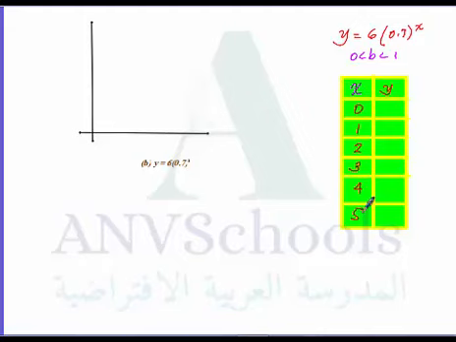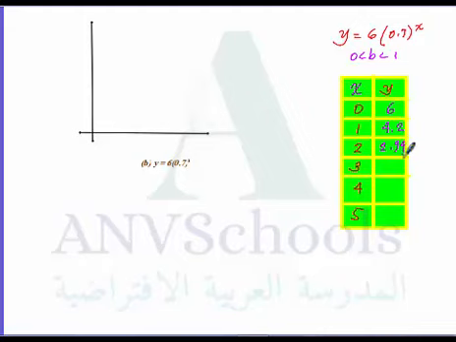If our x is equal to 0, then just replace x with 0, so we will have 6 here. If x is equal to 1, that's just 6 times 0.7, which is equal to 4.2. If x is equal to 2, that would give us 0.7 raised to 2 times 6, so that will give us 2.94.